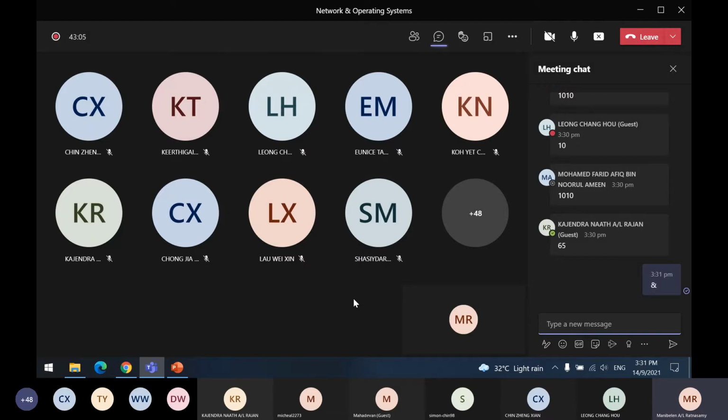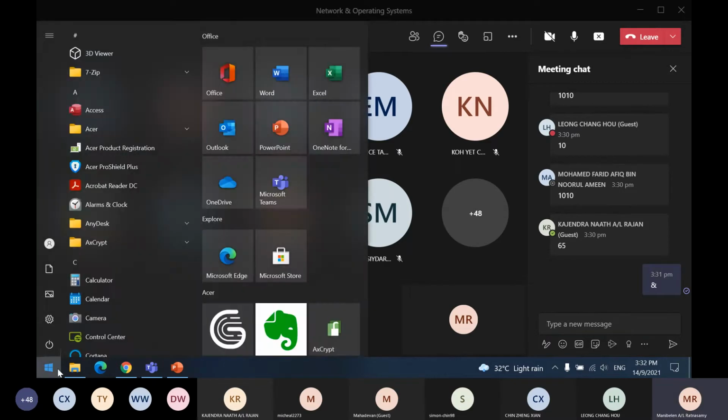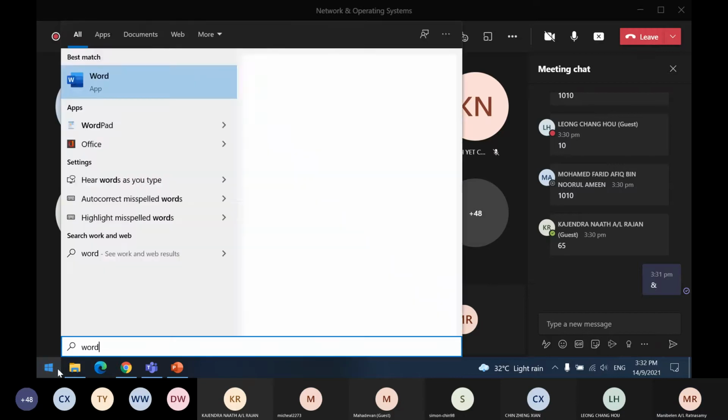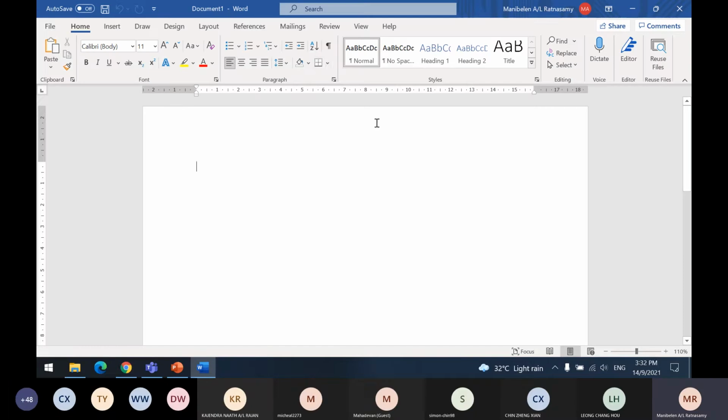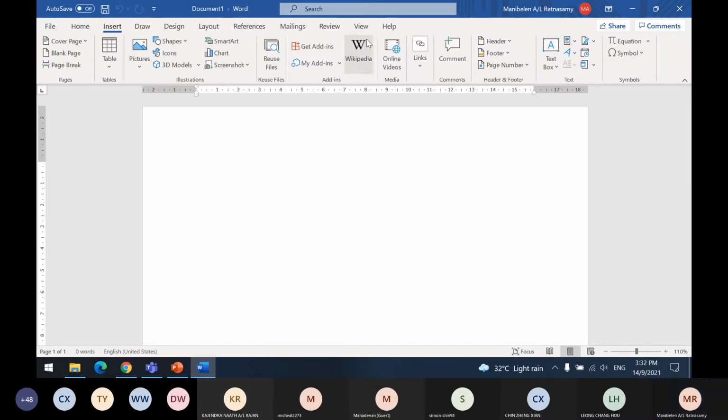And then if you use Word, for example, let me open Word. Blank copy. And then you can insert, isn't it? When you insert these symbols, I hope all of you can see my screen.